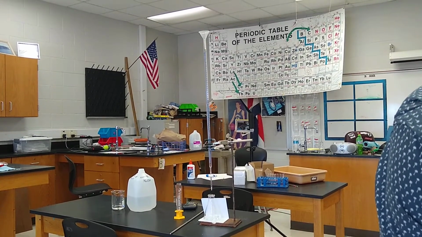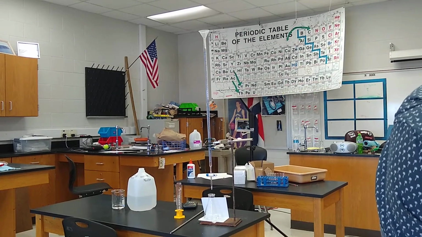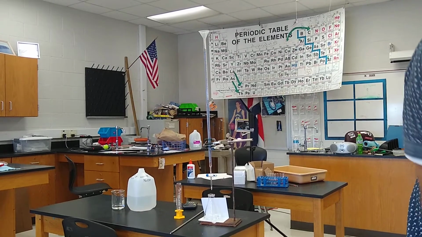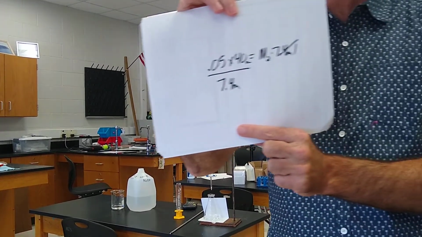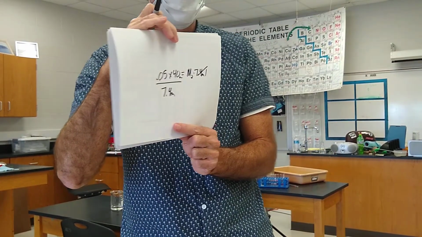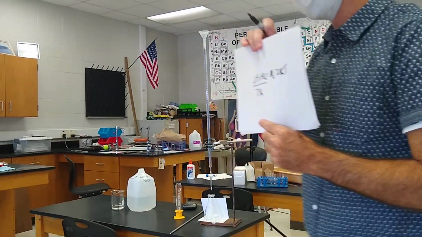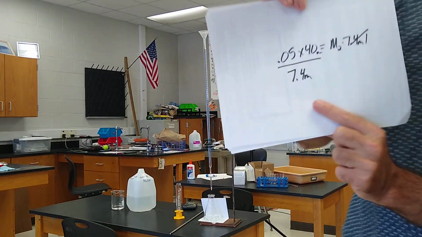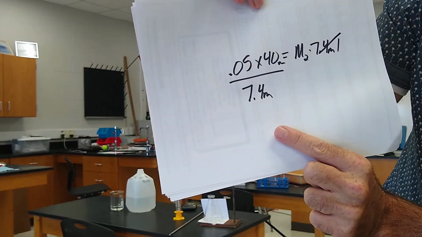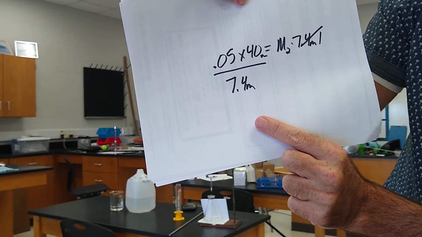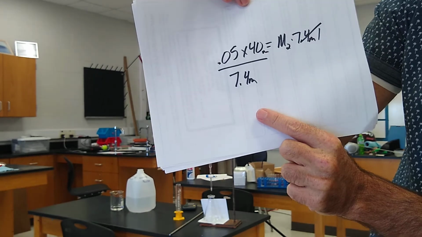So we're going to say 0.05 times 40 divided by 7.4. That's how we're going to cross multiply. Right? Does that make sense to everybody? Just cross multiply. We're just solving for the one letter that we're missing.